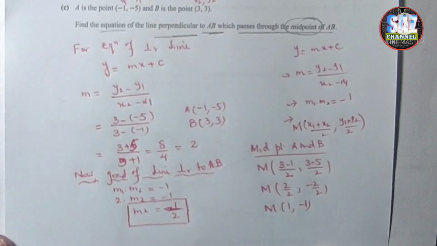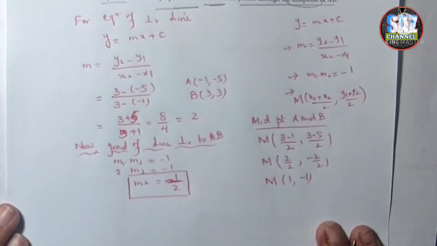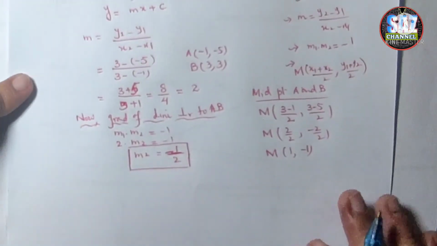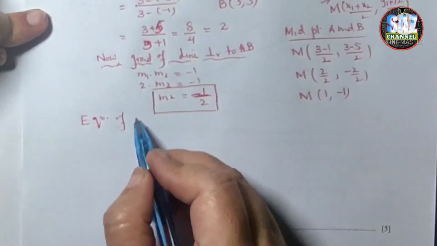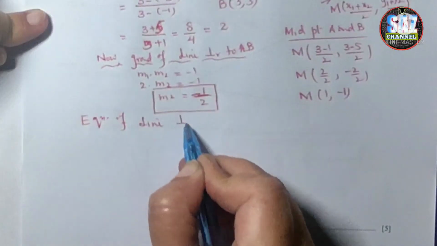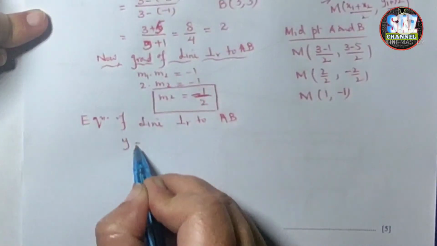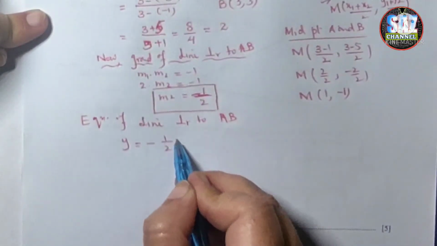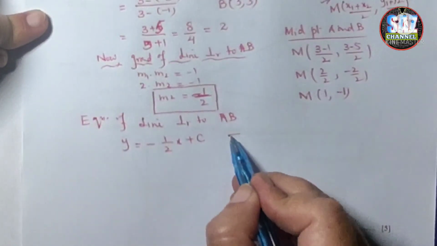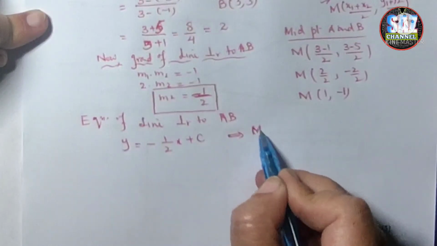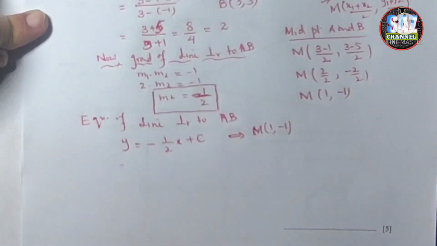And now we have to find the equation of the line which is perpendicular to this line. The equation of the line perpendicular to AB is y equals m, which is -1 by 2, x plus c, we do not know c. In order to calculate c, we have to make use of the point (1, 1).